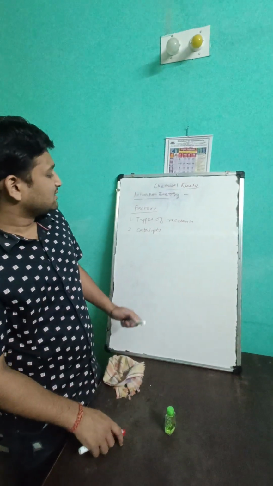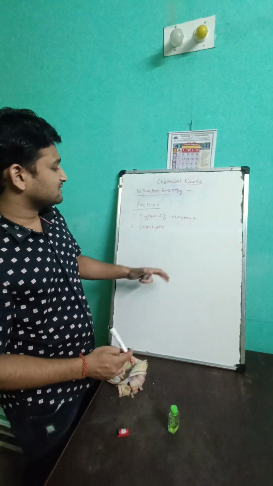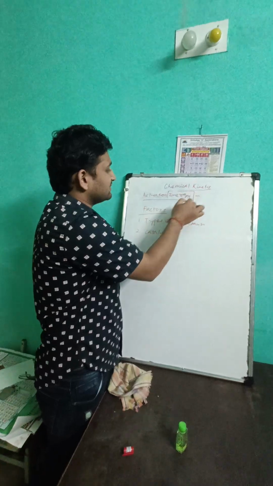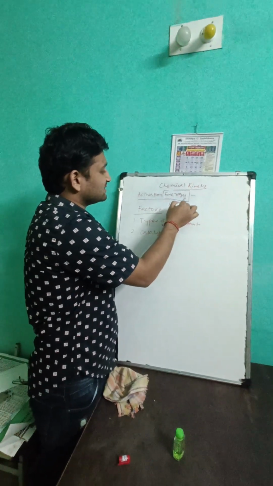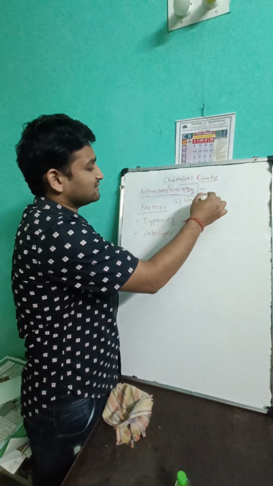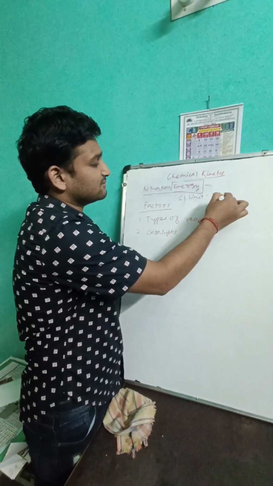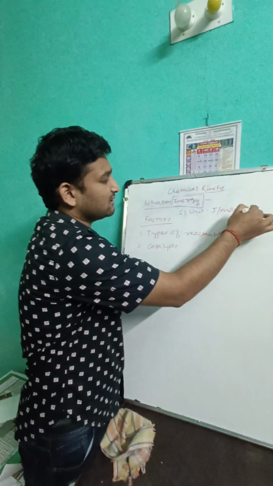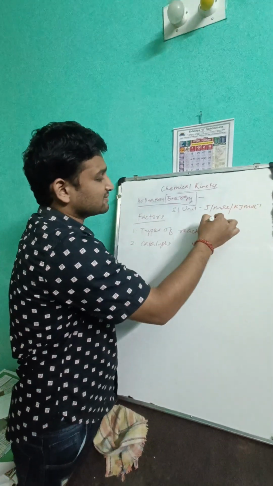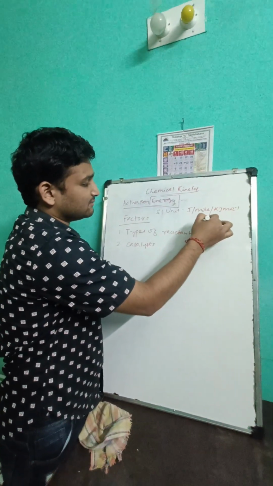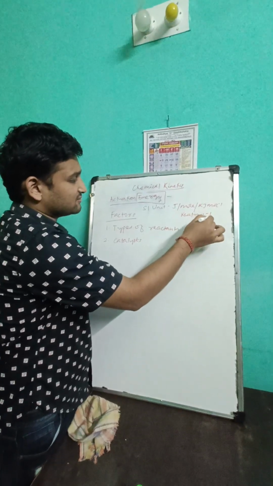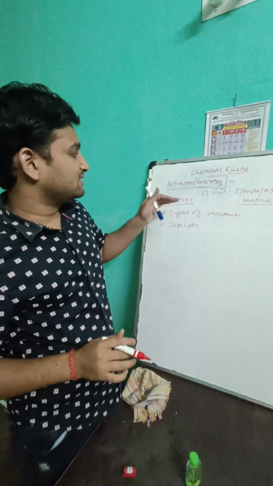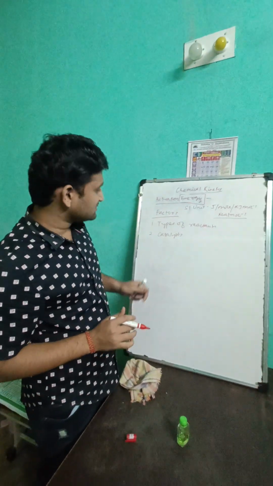This is also one type of energy, so the SI unit for activation energy is joules per mole, or kilojoules per mole, and sometimes we take it as kilocalories per mole. These are the three units mostly in use for activation energy.